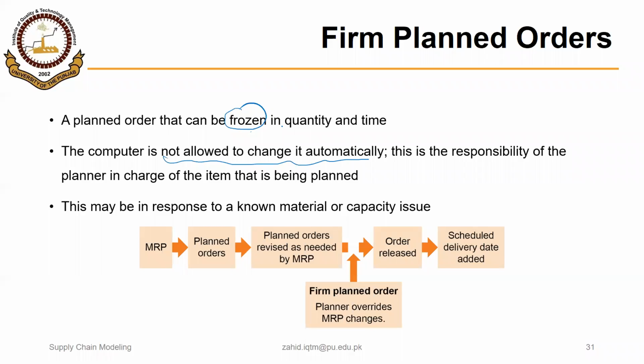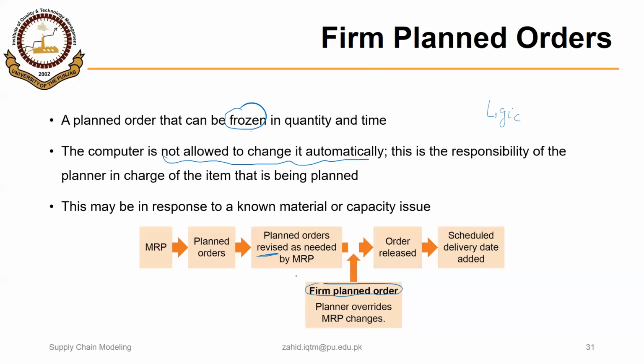So we sort of lock the logic of MRP and we don't allow the MRP to execute its logic because we know some practical issues that are going to happen. So we plan orders, and based on some unforeseen problems that we didn't incorporate when we were making the initial MRP, we revise the plan as needed and make it a firm planned order.